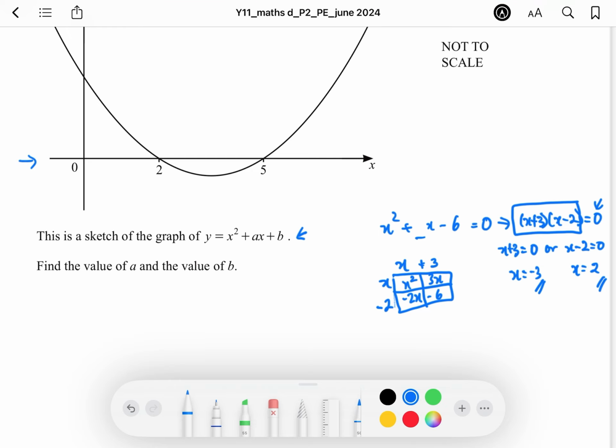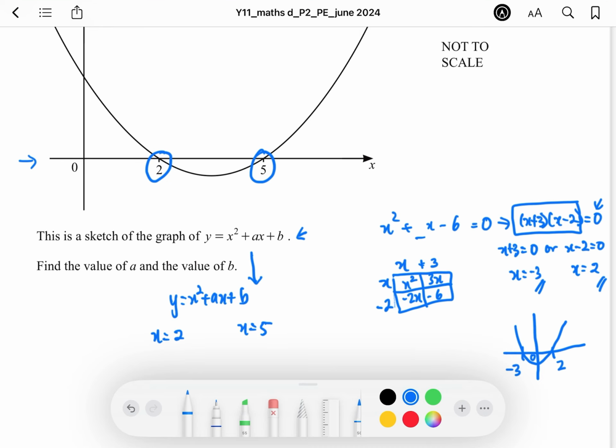So if you translate that into a graph, the diagram would look like this. So it touches at x equals minus 3 and x equals 2 where y is equal to 0. So the same thing with here. That means if you reverse that one, for this particular quadratic equation, looking at this one, these are already the solutions. x equals 2 and x equals 5.